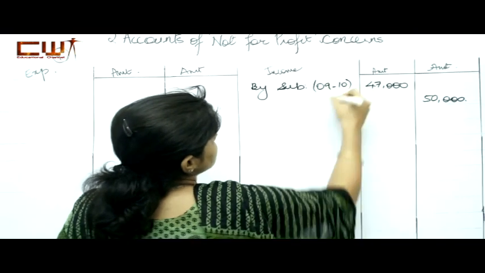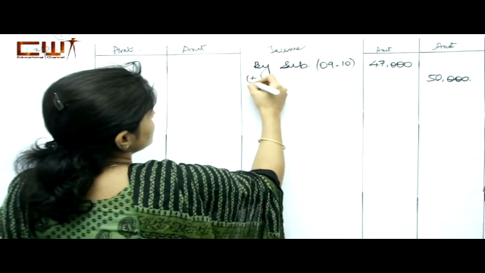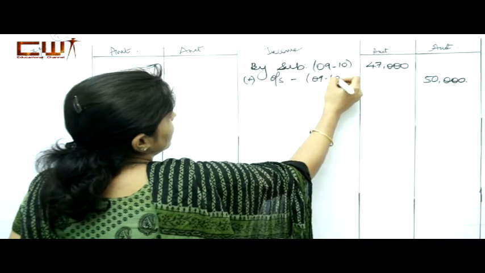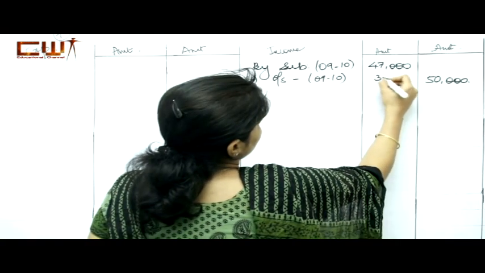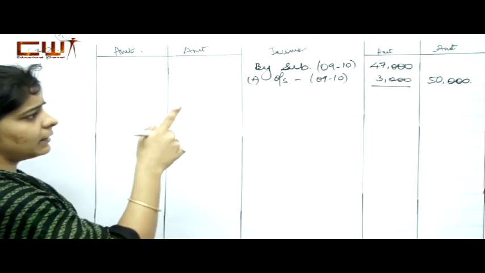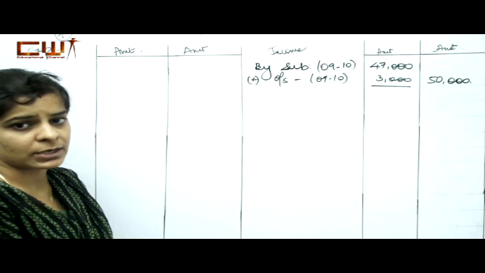Financial year 2009-2010, they have just received 47,000. So the rest will be outstanding for 2009-10. What will be the outstanding amount? 3,000, right? 50,000 should be collected, but only 47,000 is collected, so the remaining 3,000 is outstanding.